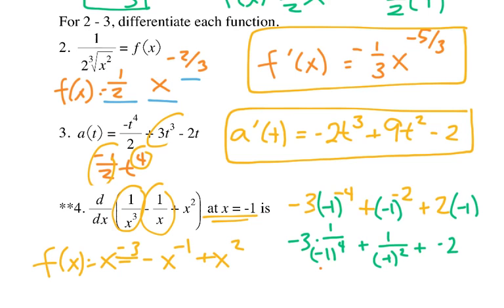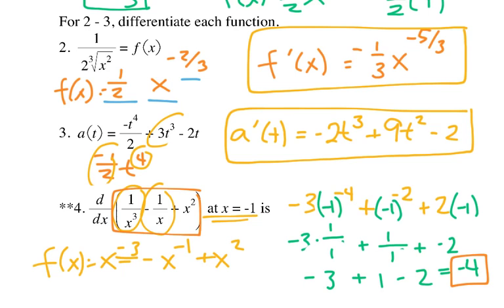A negative 1 to an even power is going to be positive, so we get positive 1. And then the same is true in this case. Negative 1 squared is positive 1. So in the end, we have negative 3 times 1, so that's negative 3, plus 1 minus 2. Negative 3 plus 1 minus 2 is negative 4. That is our final answer. That is the derivative of all of this at x equals negative 1.